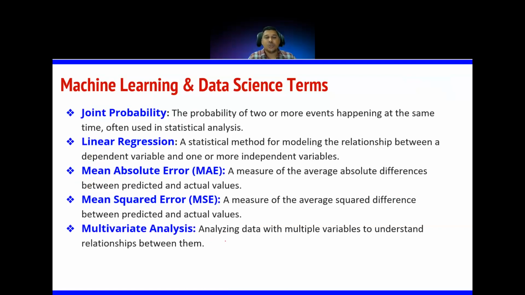Univariate analysis and multivariate analysis. In statistics, when you do analysis, what case can be multivariate analysis? For example, you are analyzing a student's performance based on his math score and his programming score, maybe for placements.